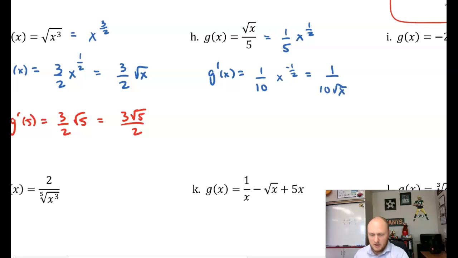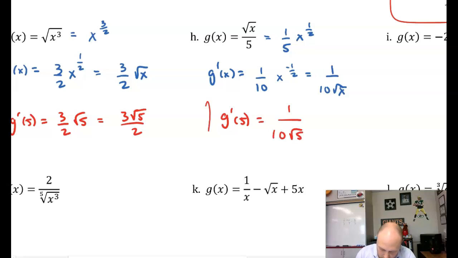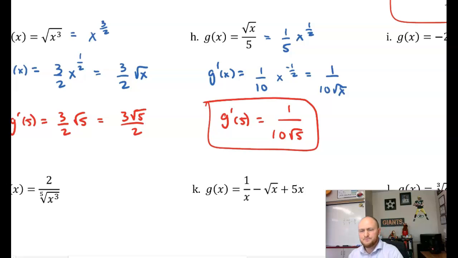Okay? G prime of 5 would have given you 1 over 10 times the square root of 5. And there you go. At least in my class, you don't need to rationalize that radical in the denominator. That's completely fine to leave on the AP test.